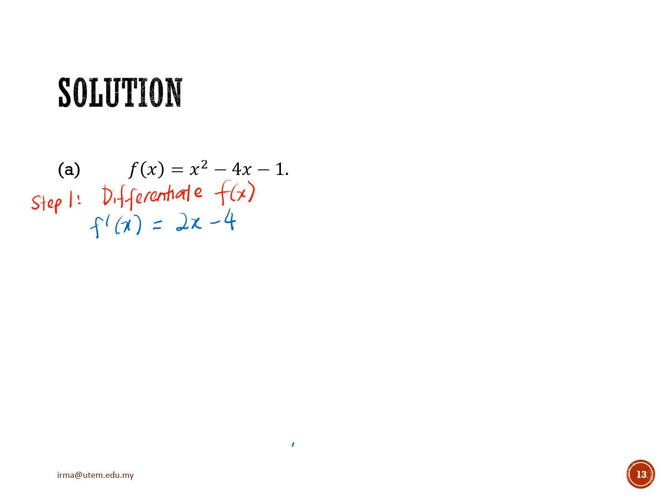So this is the first step. Next, second step: we set f prime x equal to 0, and this is to find the critical point.